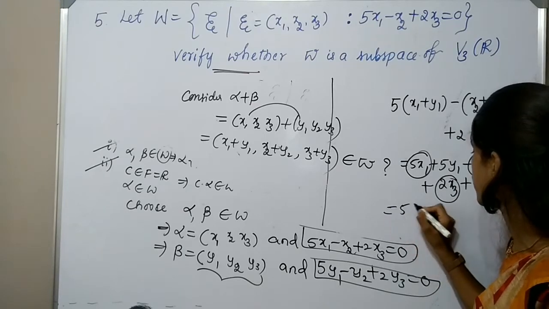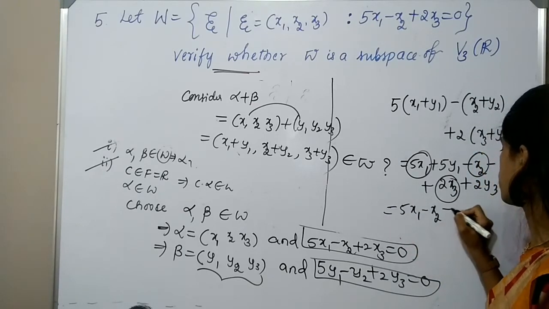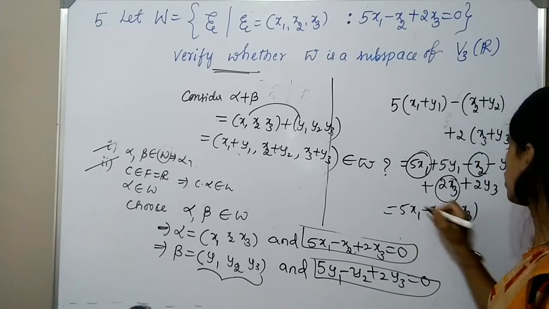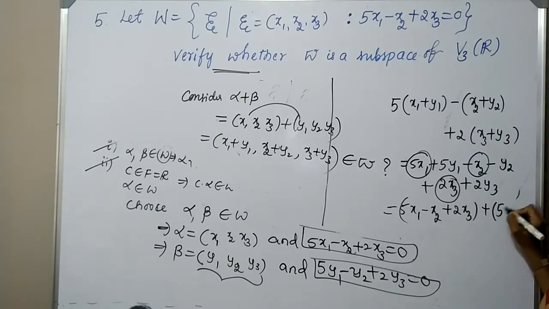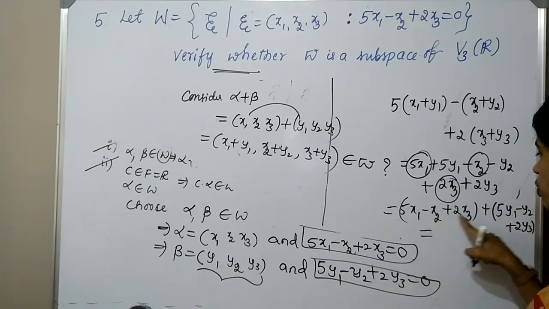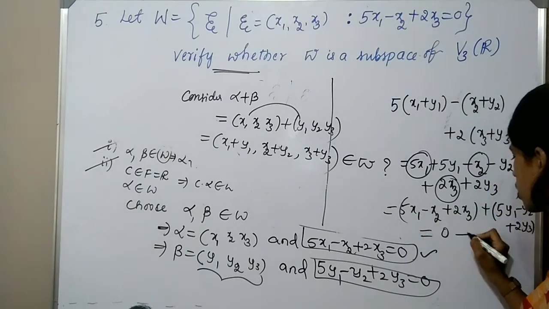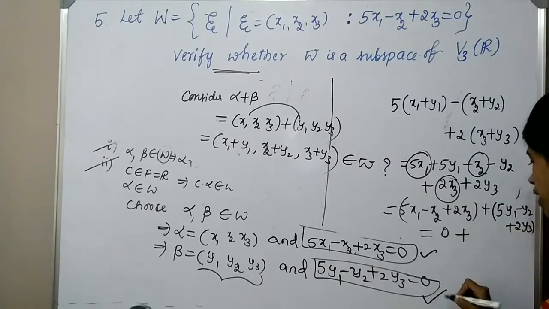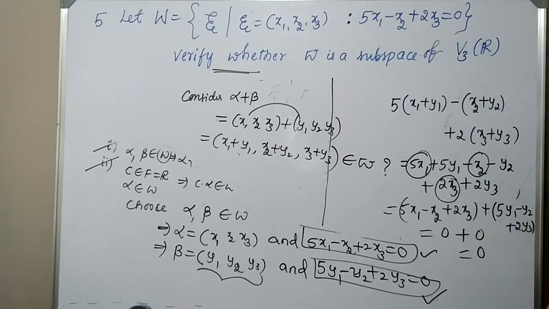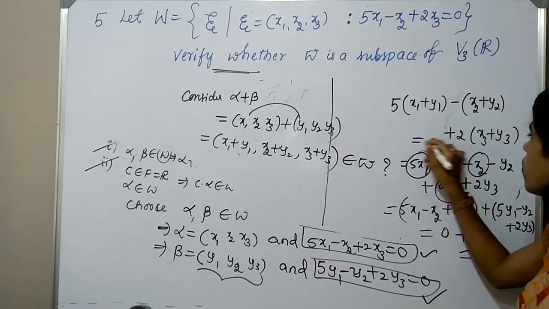That is 5X1 minus X2 plus 2X3. And the remaining in one bracket, that is 5Y1 minus Y2 plus 2Y3. So what is the value of this? 5X1 minus X2 plus 2X3 is 0. For this one, here we have 0 as well. So 0 plus 0 is 0.